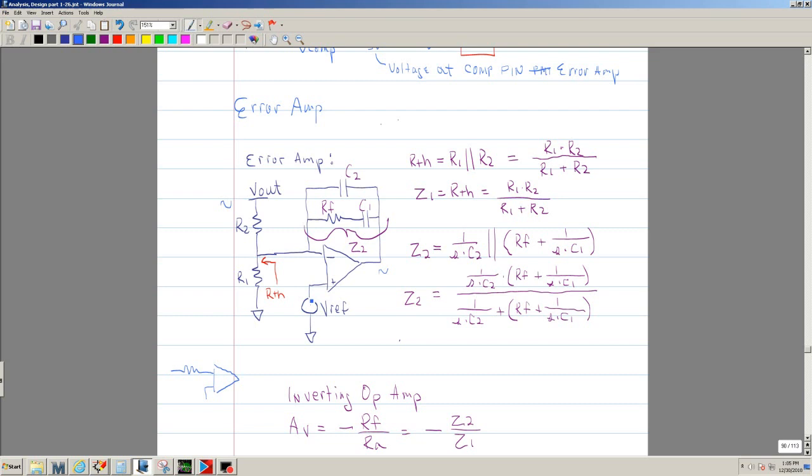So when you do AC signal analysis, this is shorted. So you can think of this as this. Okay, so these are equivalent.